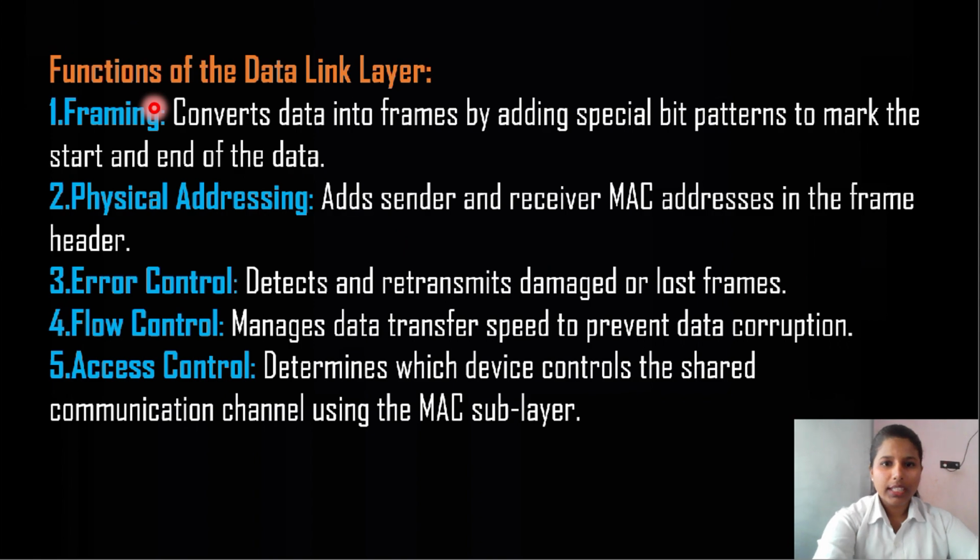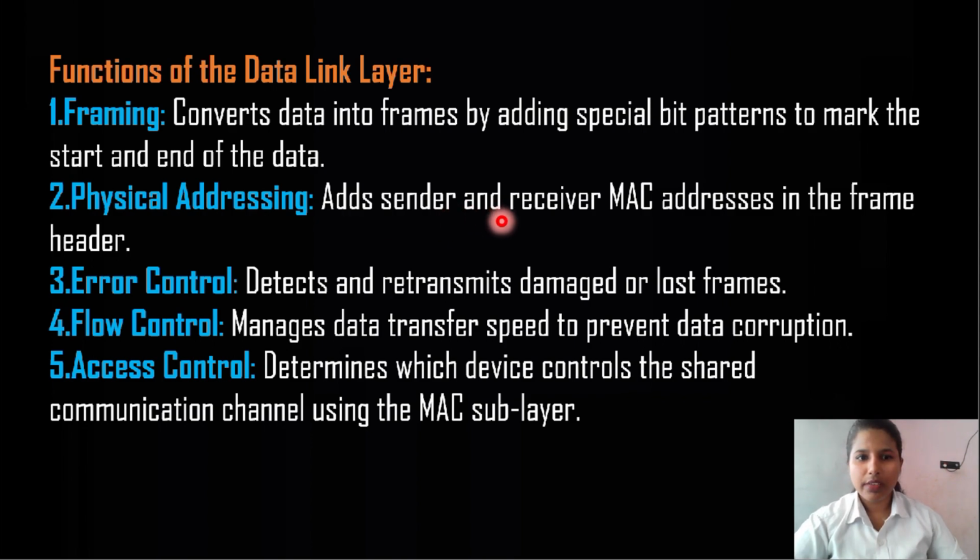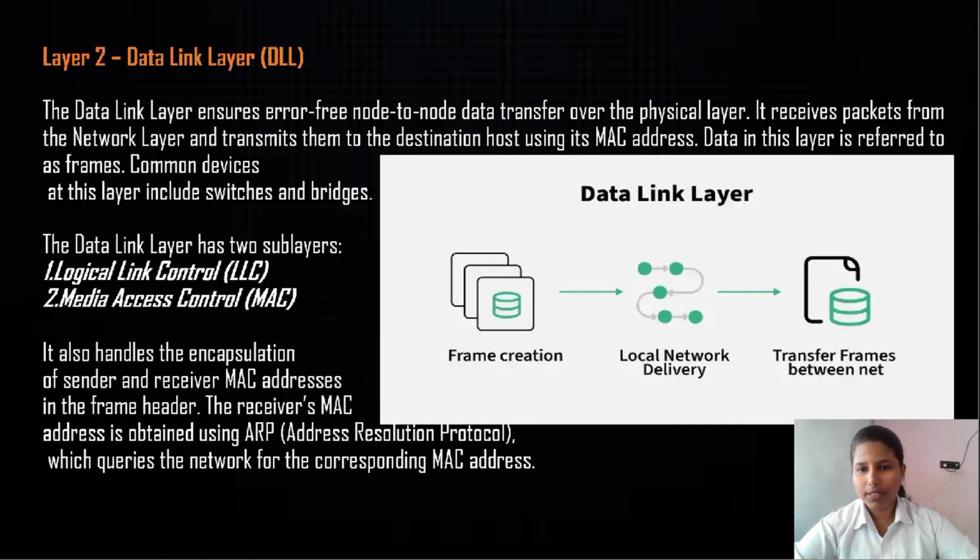The functions of the data link layer are framing, that is converting data into frames by adding a special bit pattern to mark the start and end of the data. Physical addressing means adding the sender and receiver MAC address in the frame header. Error control means detecting and retransmitting damaged or lost frames. Flow control means managing data transfer speed to prevent corruption. Access control determines which device controls and shares the communication channel by using the MAC sublayer.